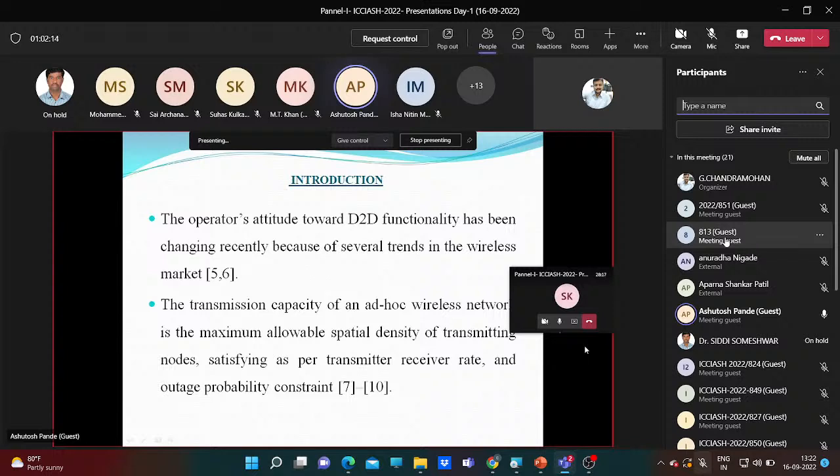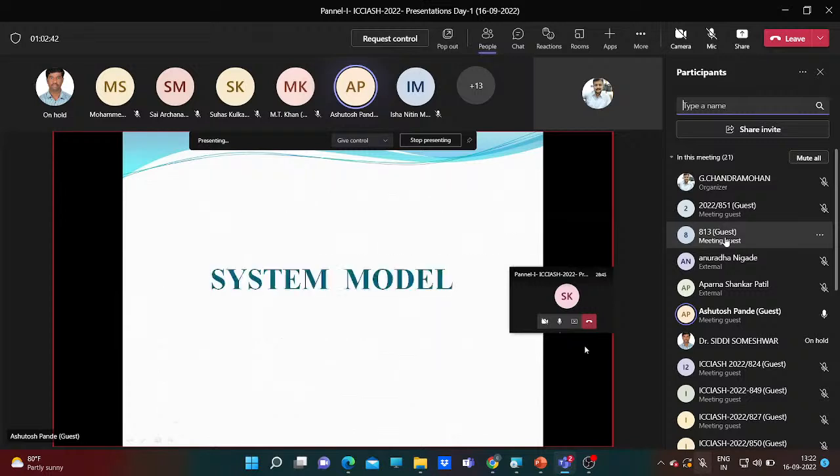The operator's attitudes towards device-to-device functionality have changed recently because of several trends in the wireless market. The transmission capacity of an ad hoc wireless network is the maximum allowable spectral density of transmitting nodes satisfying transmitter receiver rates and outage probability constraints.